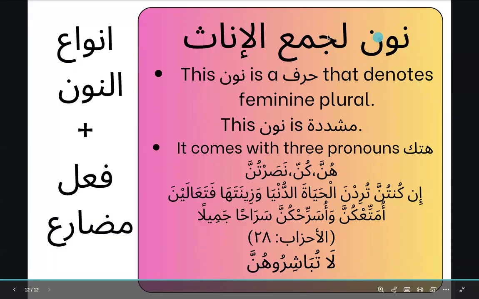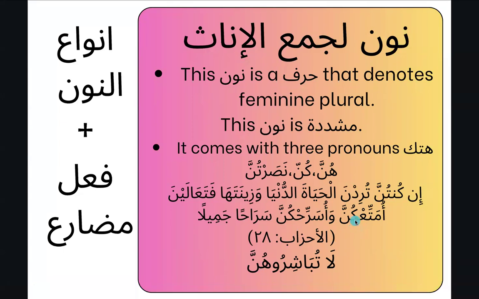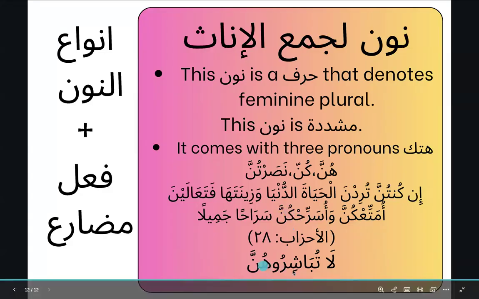So this noon li jamail inas attaches itself to kaful khitab that has attached itself to fi'l mudari, umat kunna and usarrih kunna. So basically it is attached to kaf and ha, not directly attached to fi'l mudari.